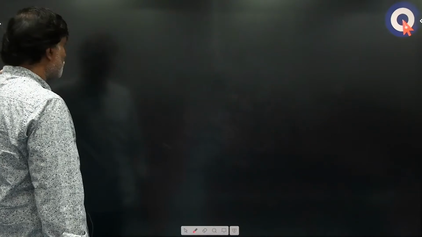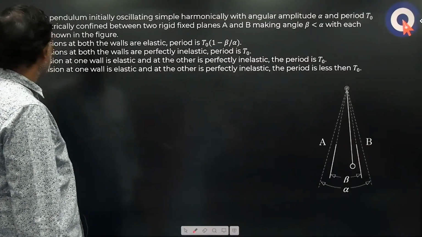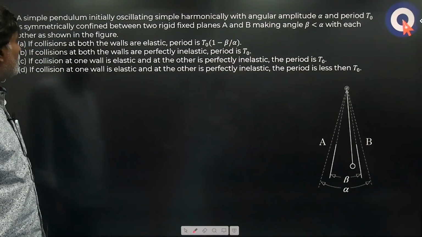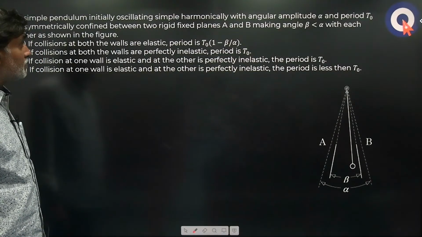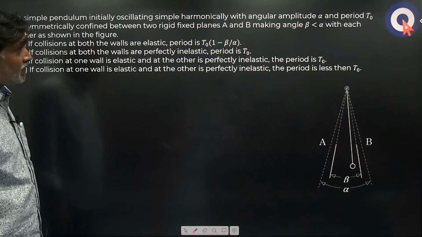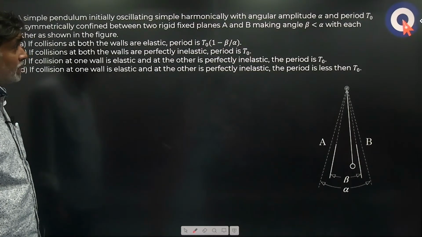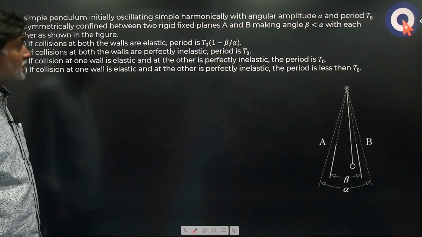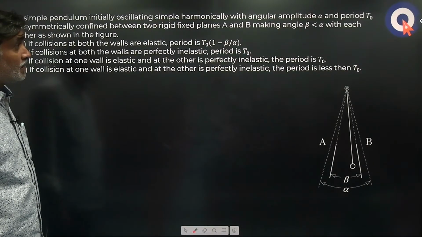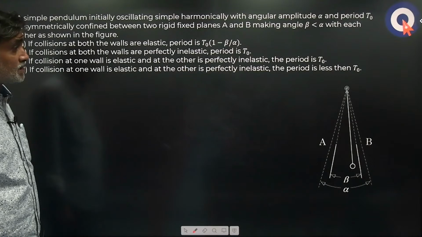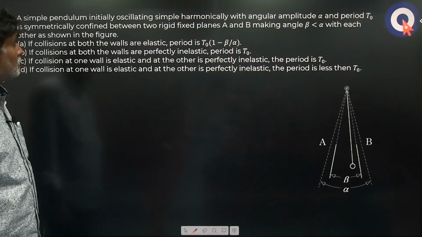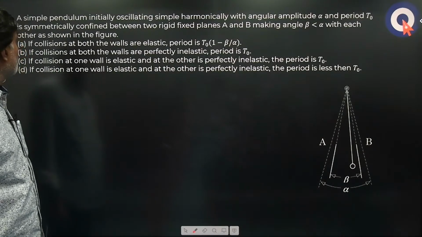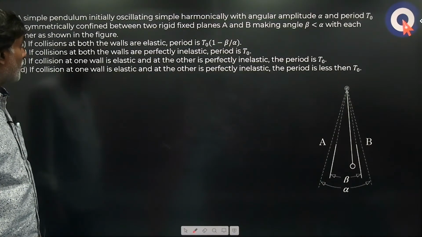The next question is this. A simple pendulum initially oscillating simple harmonically with angular amplitude alpha and period T naught is symmetrically confined between two rigid fixed planes A and B, making angle beta with each other, as shown in the figure, where beta is less than alpha.